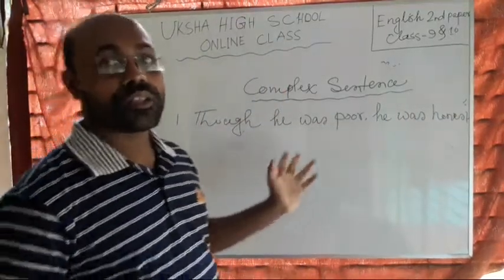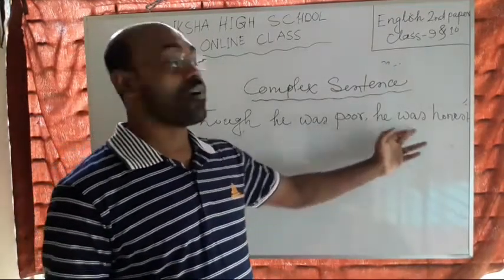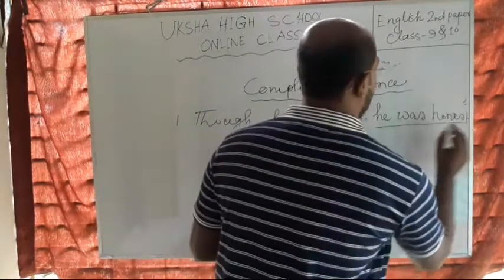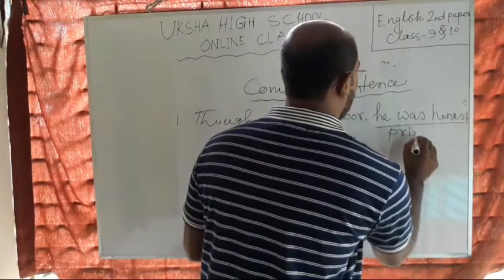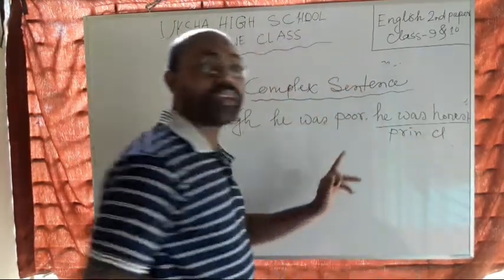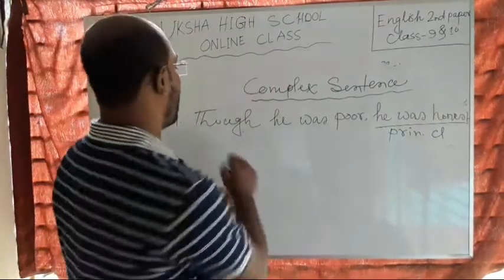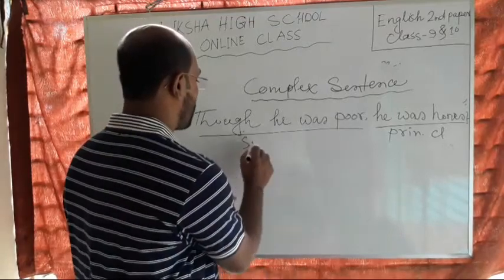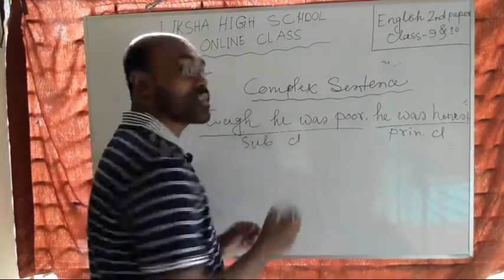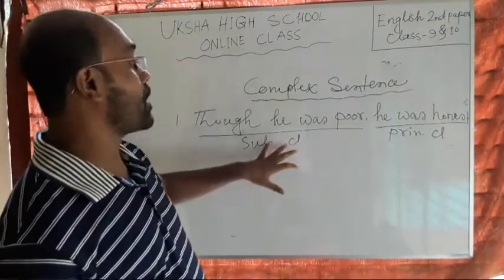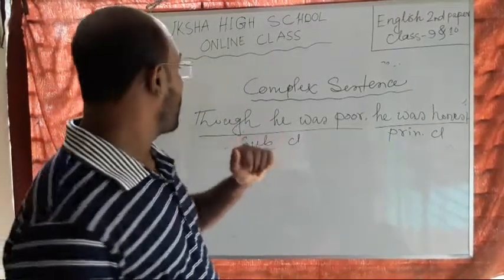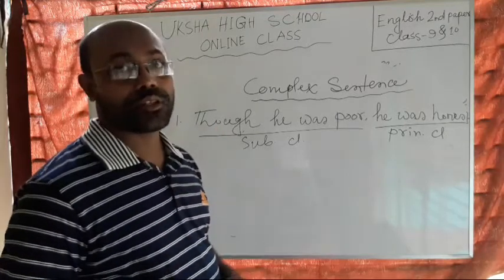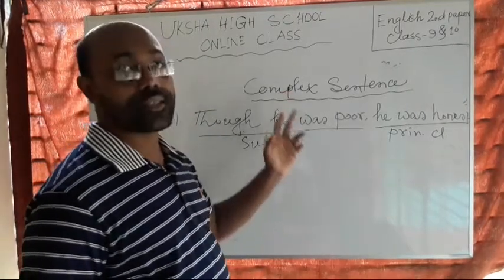Though he was poor, he was honest. In the sentence, "he was honest" is the principal clause, and "though he was poor" is the subordinate clause. Dear students, you can find some indicators to identify a complex sentence.